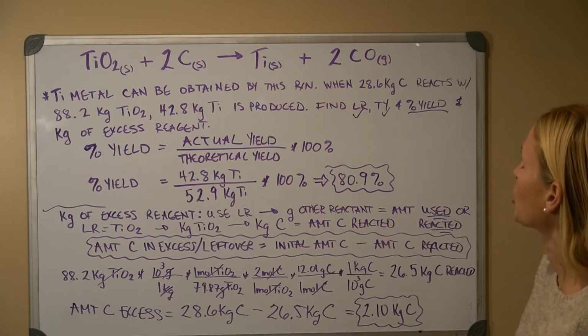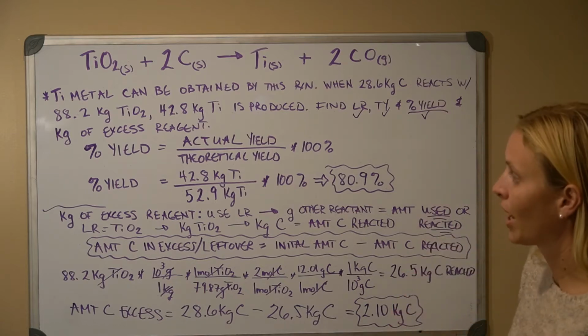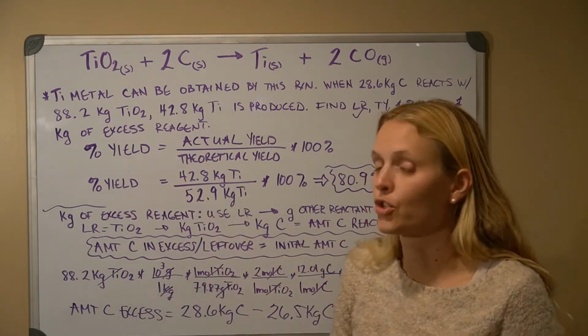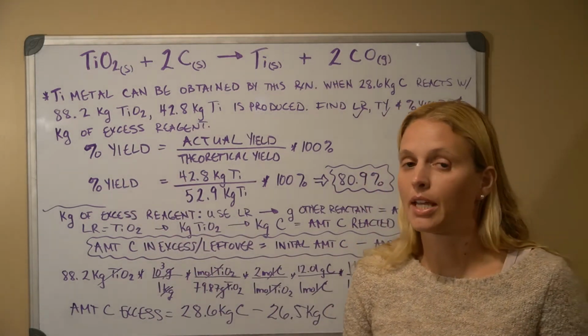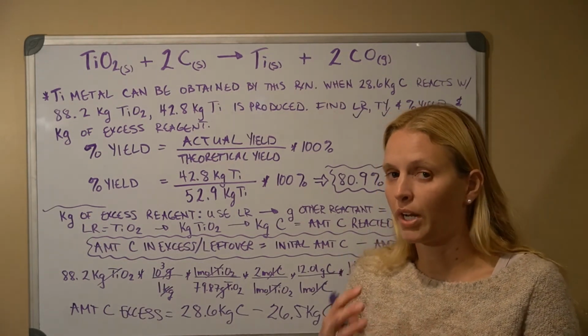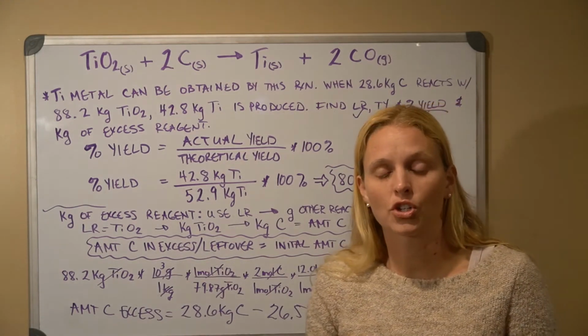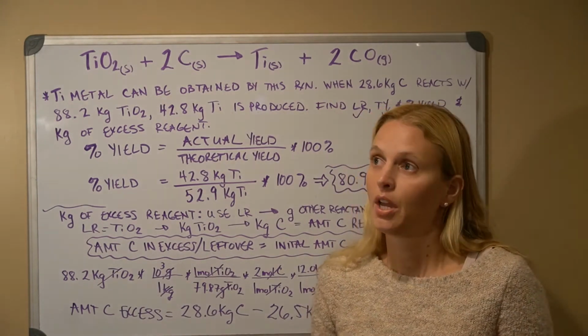All right, so that one's done. In order to figure out the excess reagent, remember all other calculations, anything that might ever be asked in a problem, you always want to start with your limiting reactant value of your starting conditions, because that's going to dictate how much product you make.